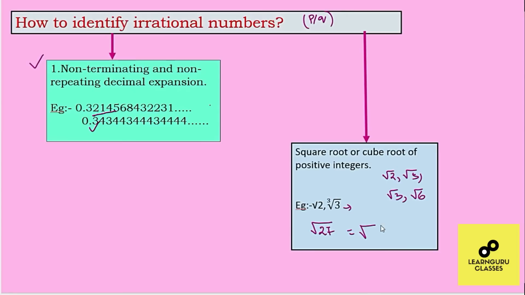This can be written as 3 root 3, so yes, it's an irrational number. But if it is given as cube root of 27, that will be a rational number, because the cube root gets removed and you are left with only one number, that is 3. So these are the ways by which we can identify a rational number.